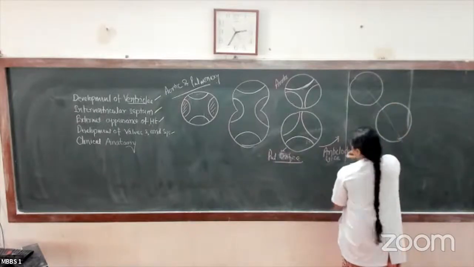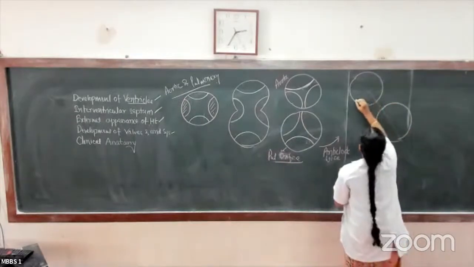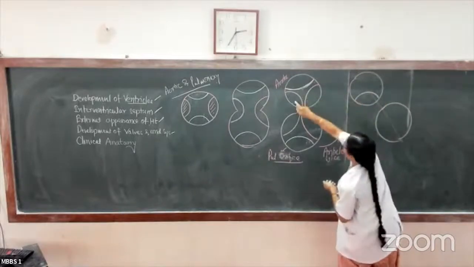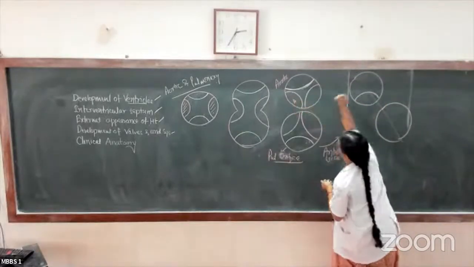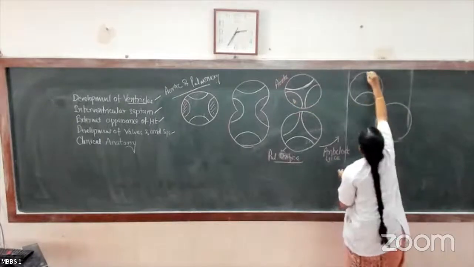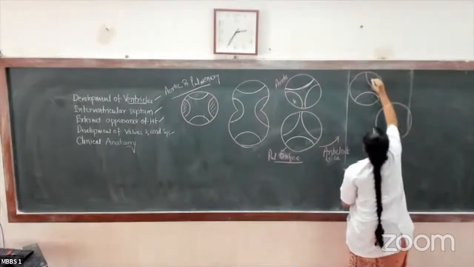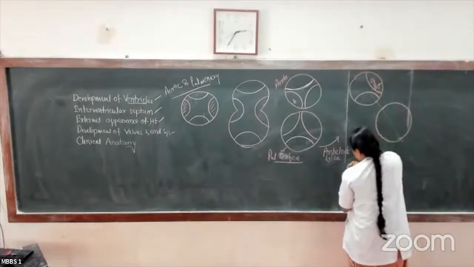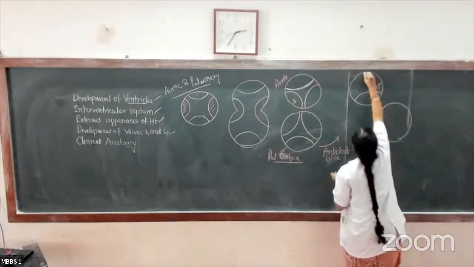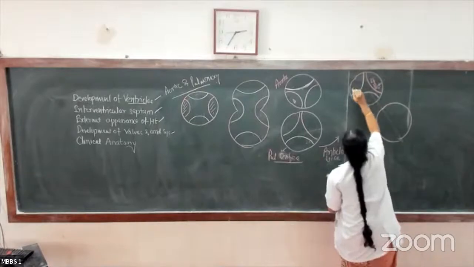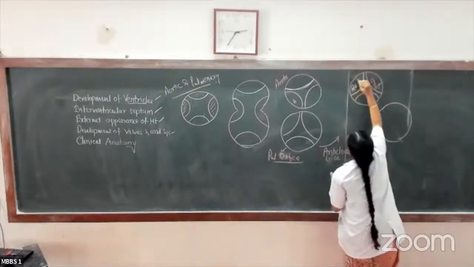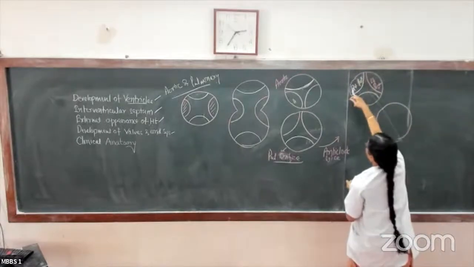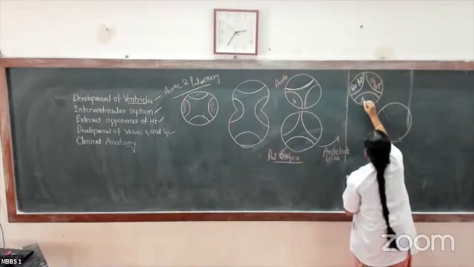One cusp comes anteriorly because of the movement. This will be the left posterior cusp, this will be the right posterior cusp, and this one is anterior.